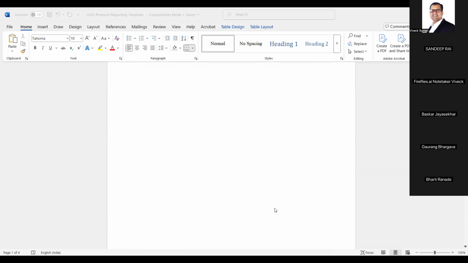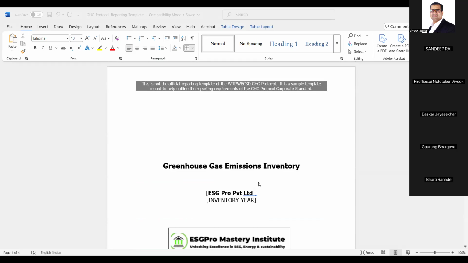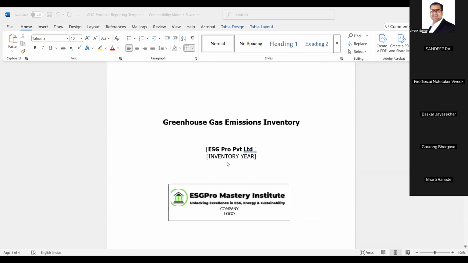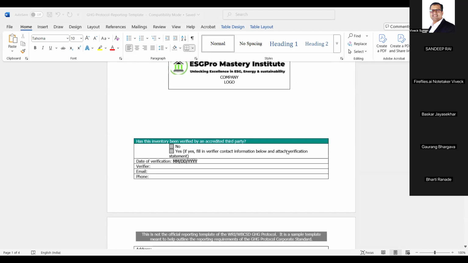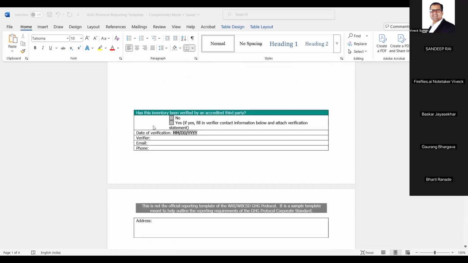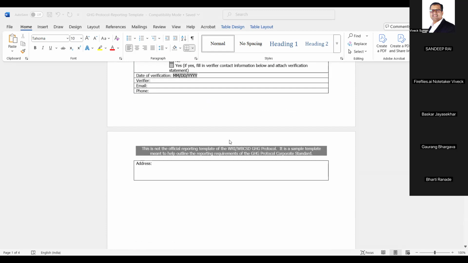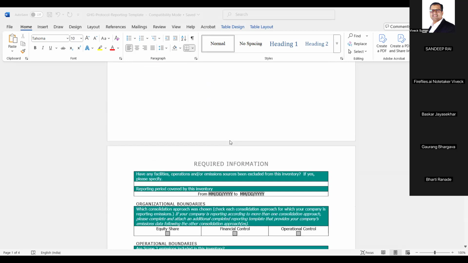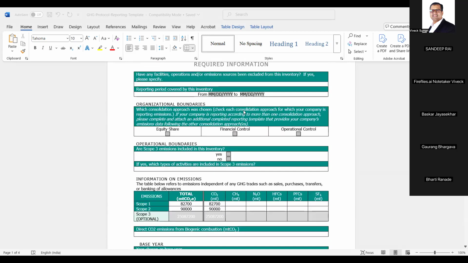Yes. Okay. So I started with this first page, and I was trying to fill in everything and make sense of it. So that's why the verification date, I don't know. And the reporting period will be 1 year. Generally, is it the calendar year they follow, or a normal financial year? It depends.